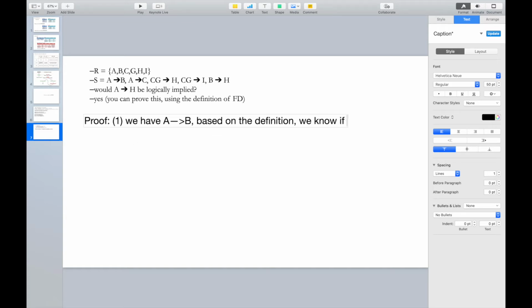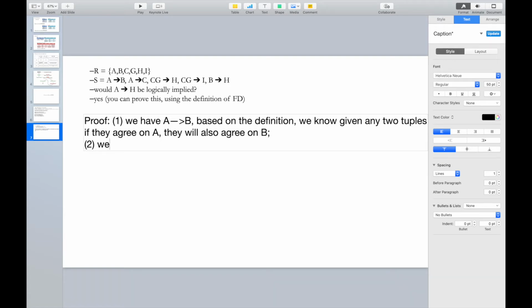We know if given any two tuples, if they agree on A, they will also agree on B. This A implies B is in the set S, and according to the definition, if we have any two data tuples and they agree on the A attribute, they will also agree on the B attribute. That is the first part we can get.